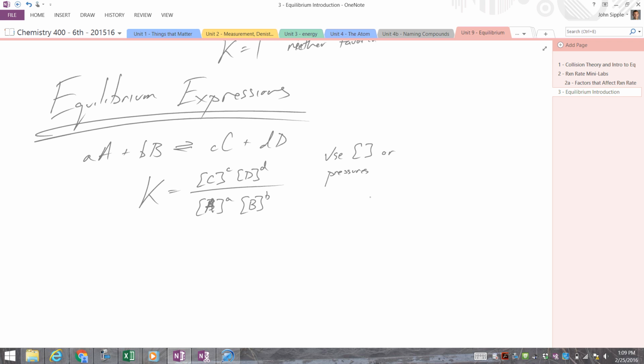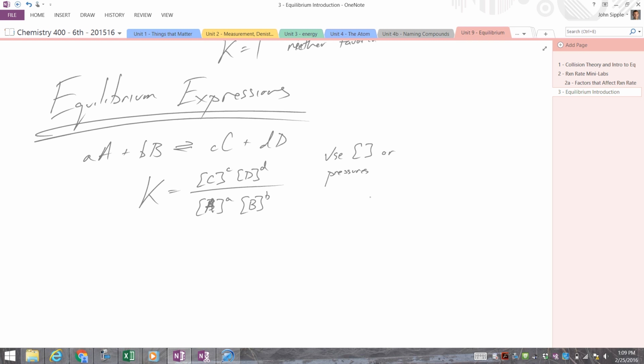That's why we can use pressure in equilibrium constants. Surface area, okay, good. A lot of times you're going to be given concentrations for these, or we can calculate concentration because we just came out of the solutions unit. You can find the moles divided by the volume. Boom, we get concentrations. Isn't that nifty?